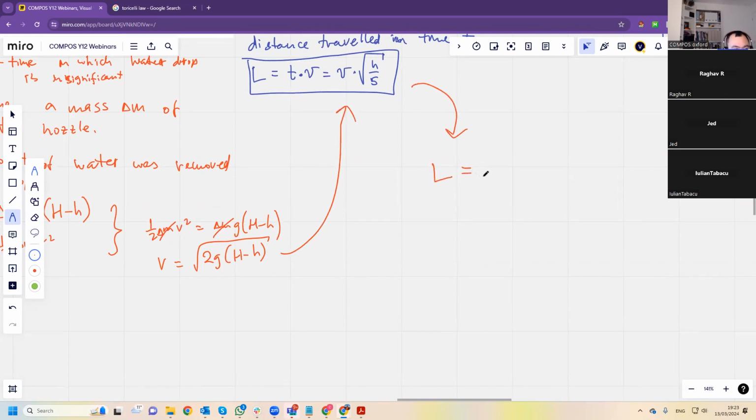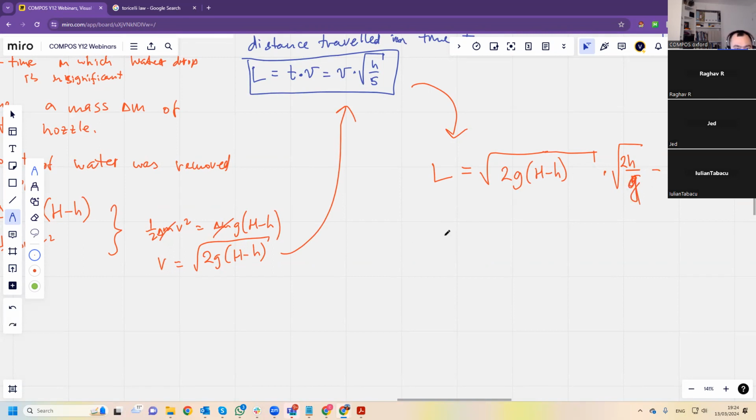So L is equal to the square root of 2g(h minus h) multiplied by 2h over g. Let's put it this way, 2h over g.